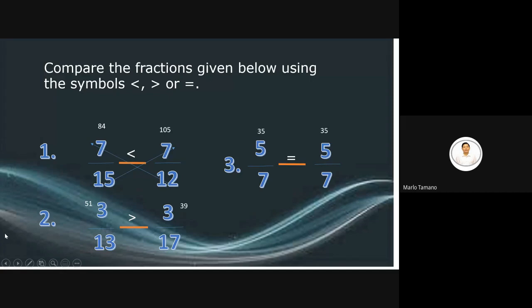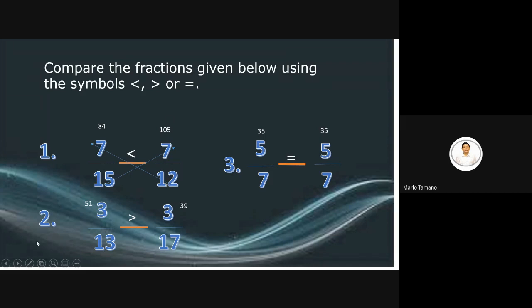Yung 12 ang pinakamababang denominator. Ang sabi niya doon, mas mababang denominator, the larger or greater fraction. Therefore, 7 over 15 is less than 7 over 12. Mas maliit po ang 7 over 15 kaysa 7 over 12, ibig sabihin mas malaki po yung 7 over 12.